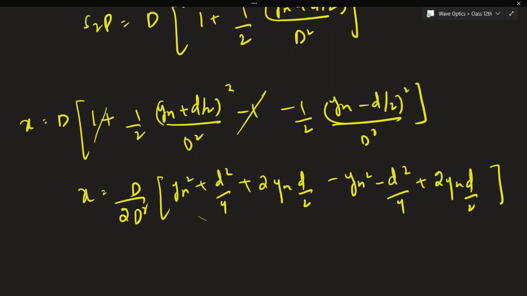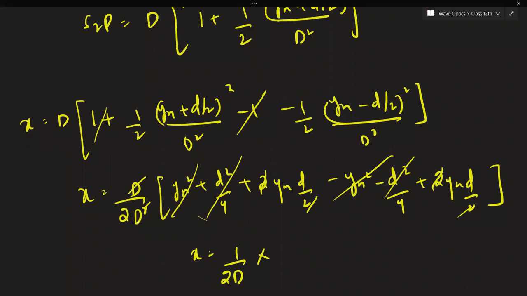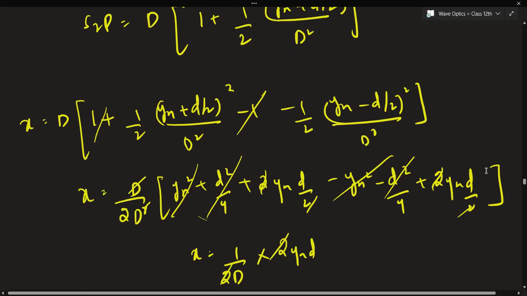See class, some things will cancel. Yn square cancels, d square by 4 cancels, and the 2 cancels with this 2. Yn d plus yn d will be 2 yn d, so the 2 also gets cancelled. You have your final answer.